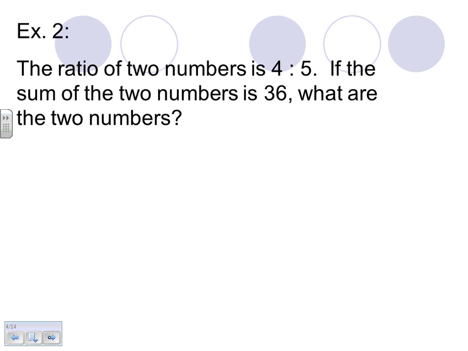Again, I'm giving you the ratio, giving you the sum. We want to come up with what are the actual two numbers. So it is kind of like we're going to go backwards.